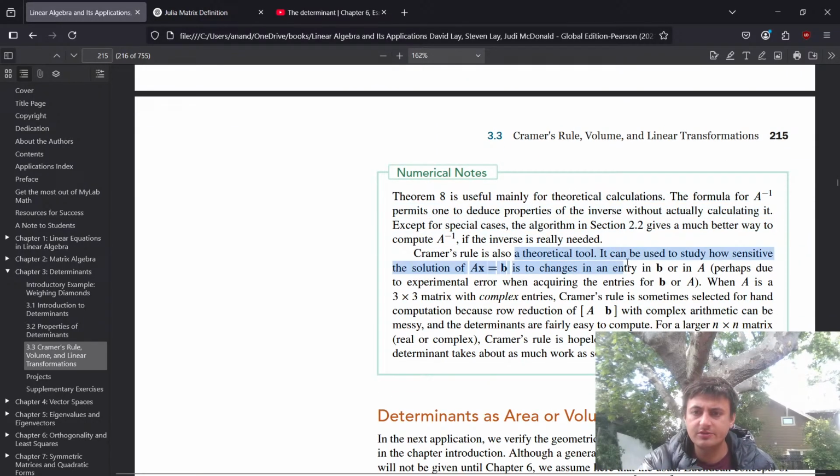Cramer's rule is also a theoretical tool. It can be used to study how sensitive the solution is to changes in an entry in b.